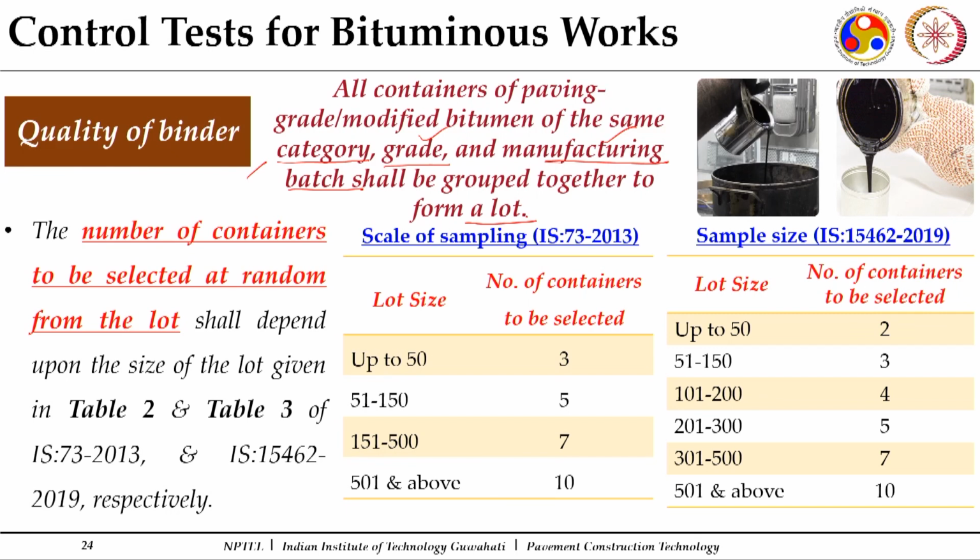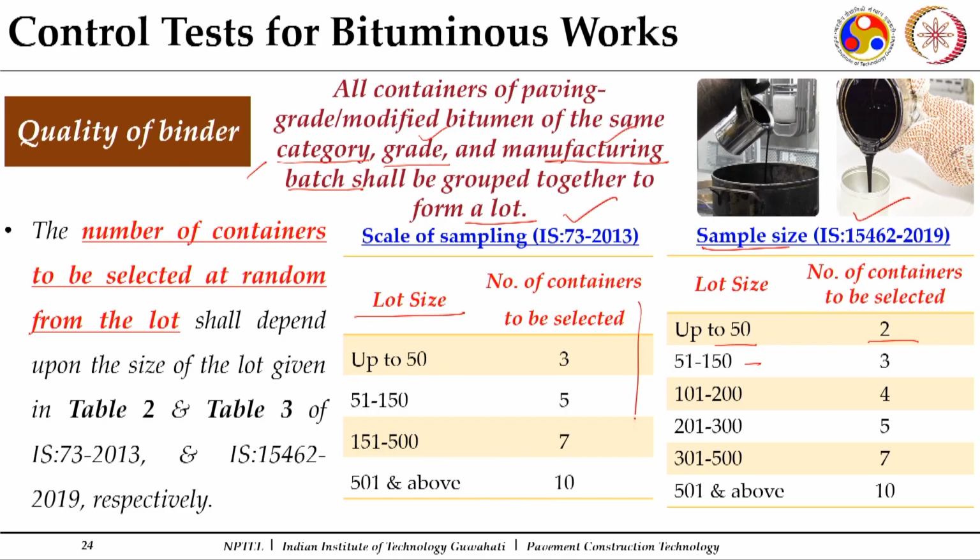In that case it forms a lot, and how many samples you will be taking from the lot tankers? Up to a lot of 50, 2 containers can be selected for modified binder, as per IS 15462, and for neat binder as per IS 73.